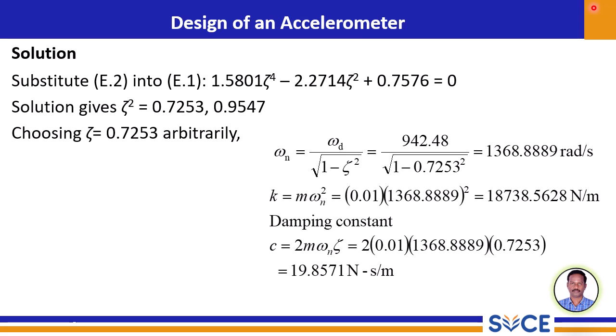Finally, concluding this, by using the given information about the accelerometer response to a known acceleration and its damped natural frequency, we have been able to determine the spring stiffness and damping constant. There may be multiple design parameters that satisfy the given conditions, and practical conditions often guide the final selection.